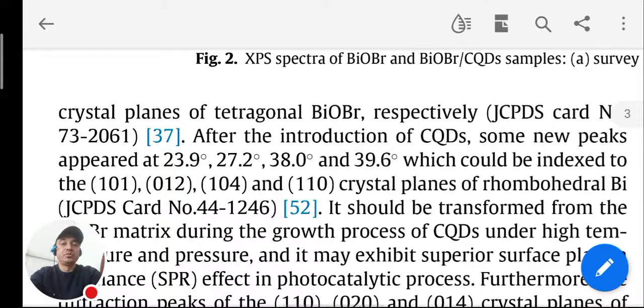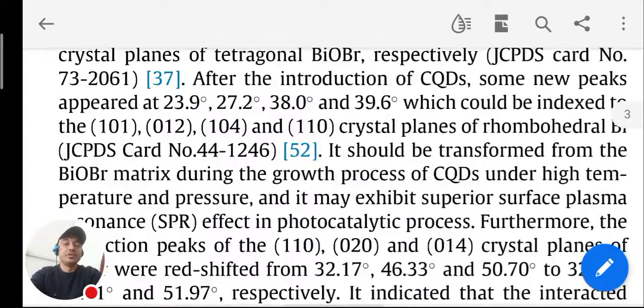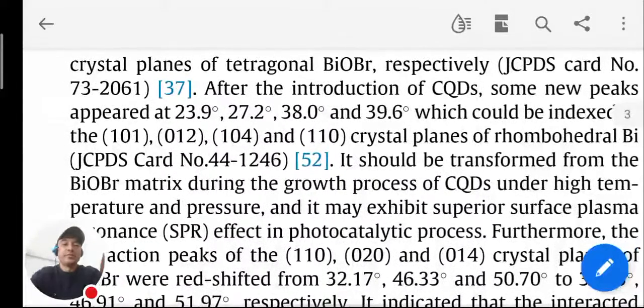That is 23, 27, 38, and 39, which could be indexed as 101, 10012, 0104, and 110 crystal planes of the rhombohedral Bi. That is also JCPDS card number 441264.